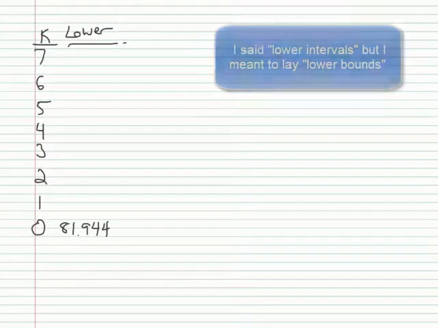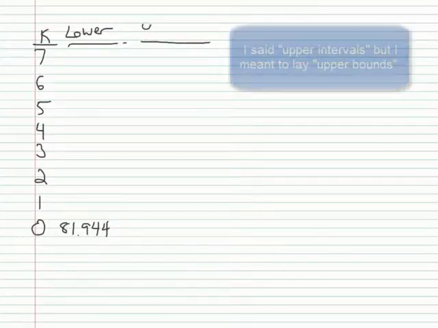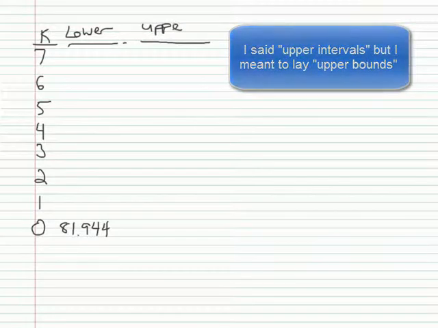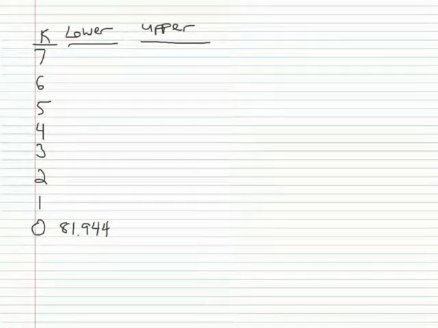So the second column is actually going to be my lower intervals, and I'm going to have a third column that represents the upper intervals. To get the upper boundary of my first interval, I can simply add the interval width 7 to the 81.944, and with that I'm going to get 88.944.